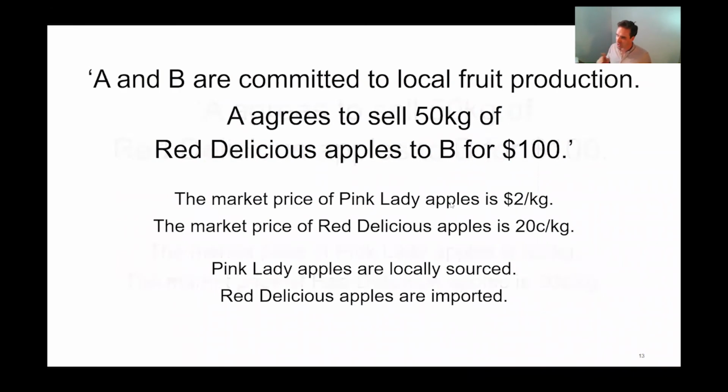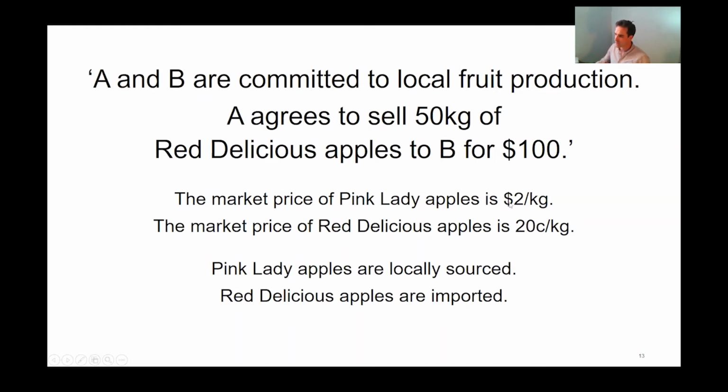But what if we change it one more time? What if we have the preamble? Party A and B are committed to local fruit production. Pink lady apples are the only locally sourced apples. Red delicious apples are imported. Here, Party A would be relying solely on the argument that red delicious apples means red delicious apples.